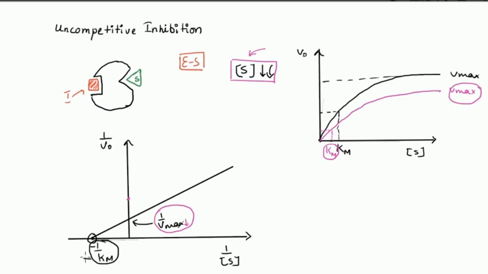Km is decreasing, and that's why minus 1 by Km should shift towards the left, because a more negative value is being imparted on 1 by Km.